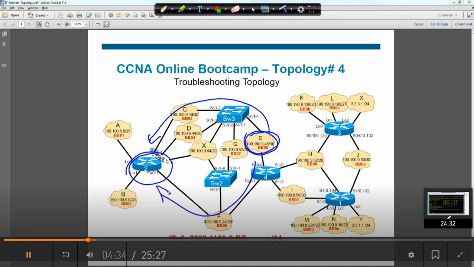Any idea? And specifically the LSA that will give the subnet mask of this network, right here.